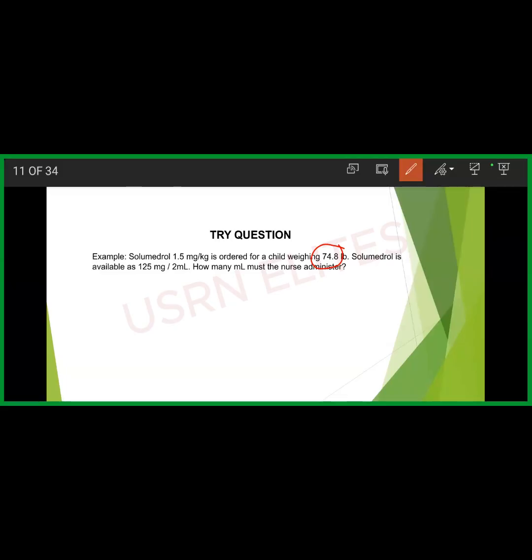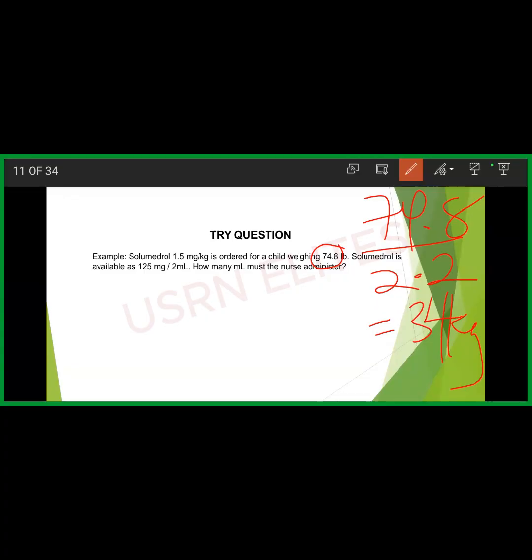So our first thing is to convert the 74.8 pounds to kilogram. So 74.8 divided by 2.2, what do you get? 34 kg. All right, thank you.